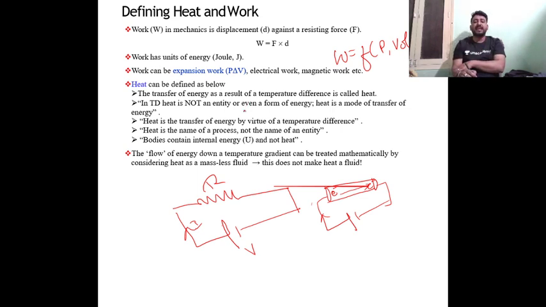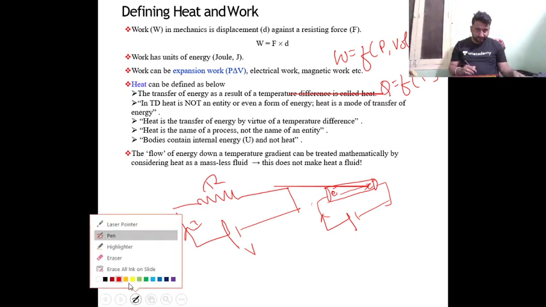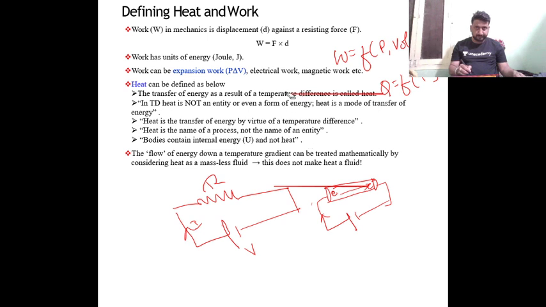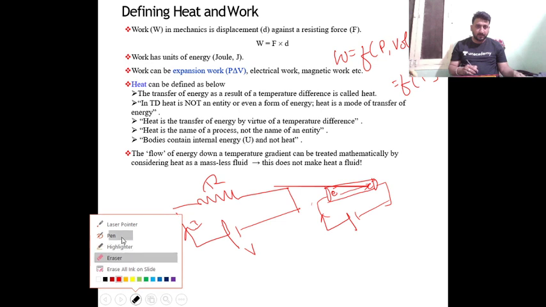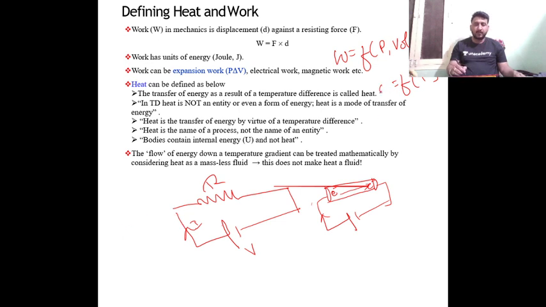Now coming to what heat is and how it can be defined. Heat is defined as the transfer of energy as a result of temperature difference. As we say that work is a function of pressure and volume, heat is a function of temperature.